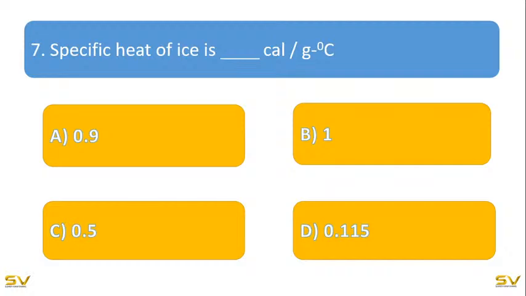So this is the specific heat of ice. This is the sixth one. Sixth one, B is correct. Now it's the seventh one. What is the answer for the seventh one? Specific heat of ice. Is it 0.9, 1, 0.5, 0.115? I'm waiting for your answers.